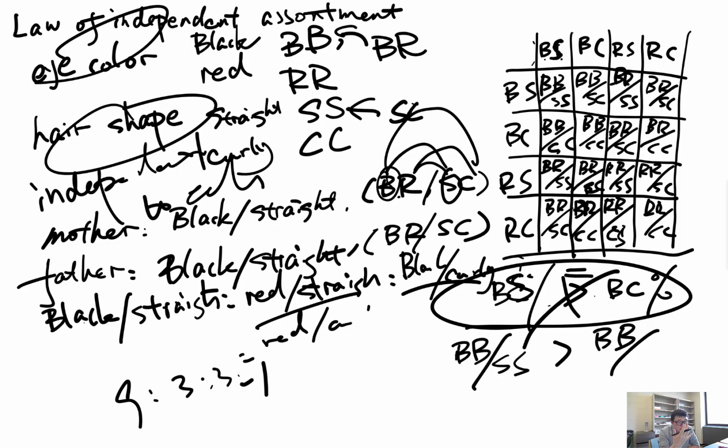For the two phenotypes, their alleles are distributed to the next generation independently of each other, and there's no strong association between them. That's called independent assortment.